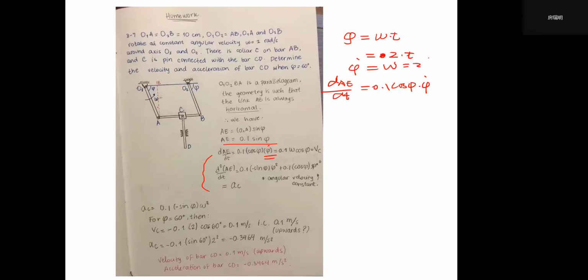Because AE will always be perpendicular to O1O2, we can just use this to find d²AE/dt². Here we have 0.1 times 2 omega times cosine omega t. So we have 0.2 cosine omega t.